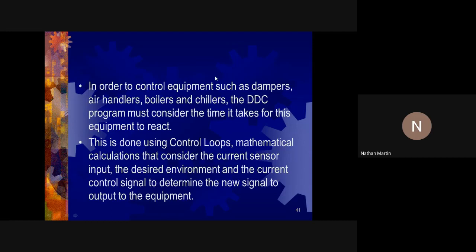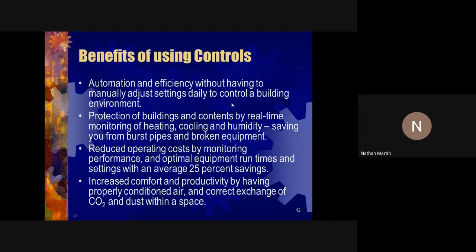Solving problems. All right. The benefits of using control, you know them already, but just to put them in context: automation and efficiency without having to manually adjust settings daily to control a building environment. So basically, we're talking about how automation control improves our efficiency. So every day we no longer have to go there and turn on the system.